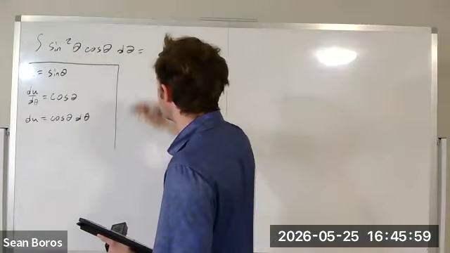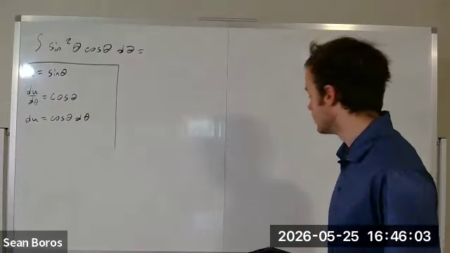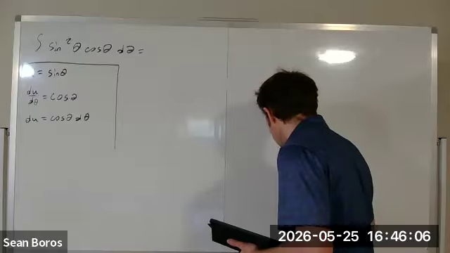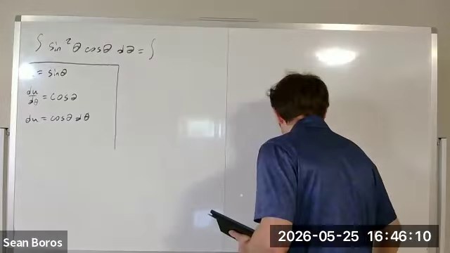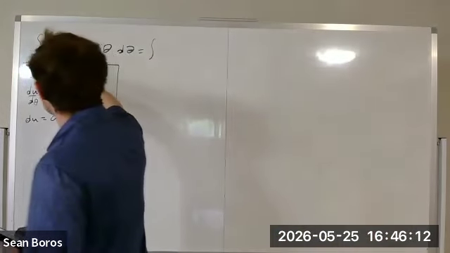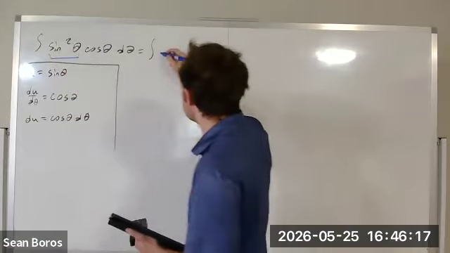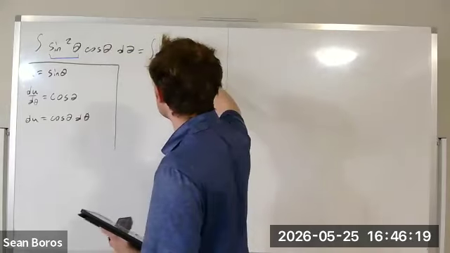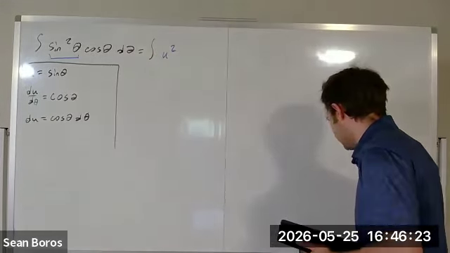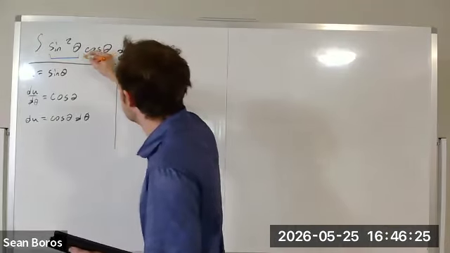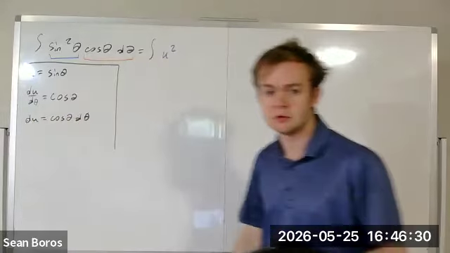And now we can actually rewrite. So our next step was to rewrite the original integral in terms of u. So this is the integral of, well, we said that the first part, the sine theta, was equal to u. So we'll say that this is u, and it's raised to the second power. So it's u squared. And the second part here, this cosine theta d theta, matches up exactly with what we said was du.